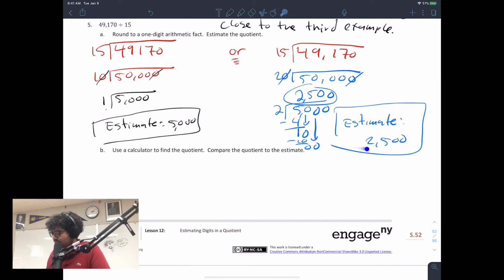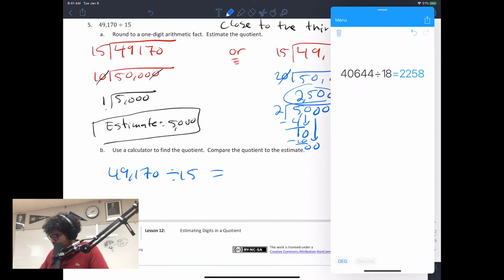It could be anywhere from 2,500 to 5,000. So your answer is somewhere in between those two. It could be as little as 2,500 or as much as 5,000. The answer is going to lie somewhere in between. So let's actually use a calculator to calculate 49,170 divided by 15. What do we get? Let's bring up a calculator.